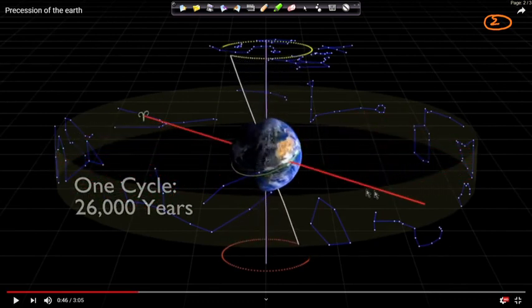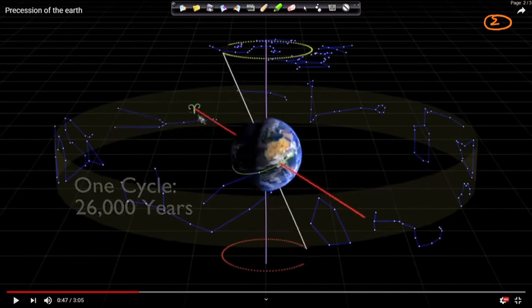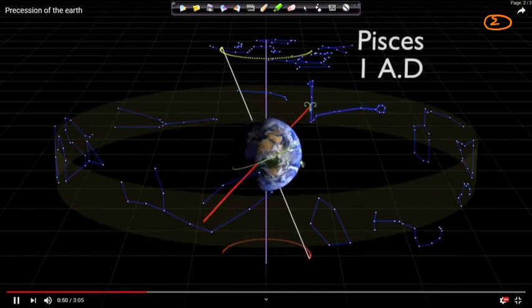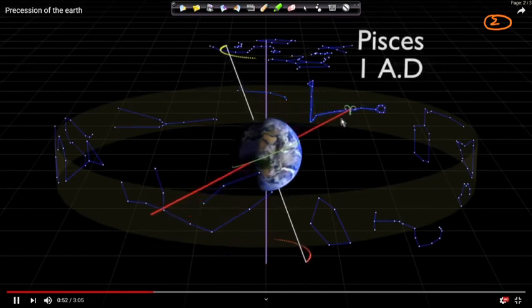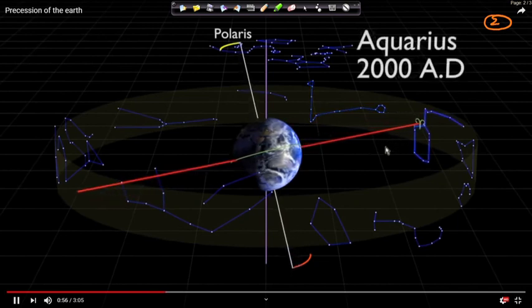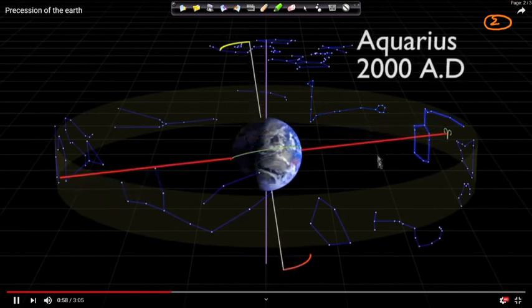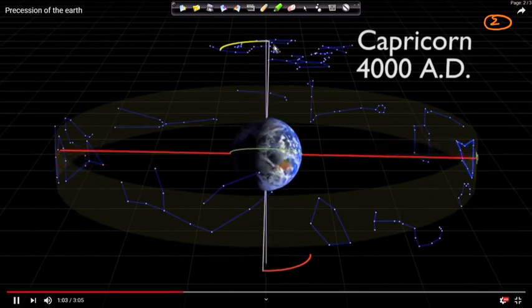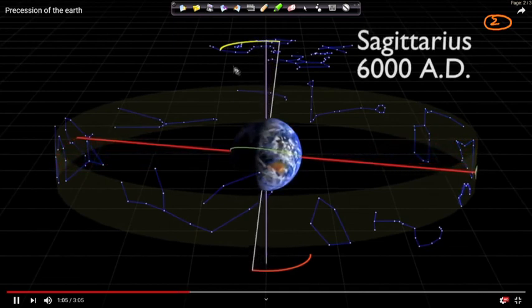Okay. And your line of nodes, shown here by the red line, is rotating. This rotation takes place in nearly 25,800 years, roughly 26,000 years, to go through 360 degrees. That means in 26,000 years this line will go once around like this.